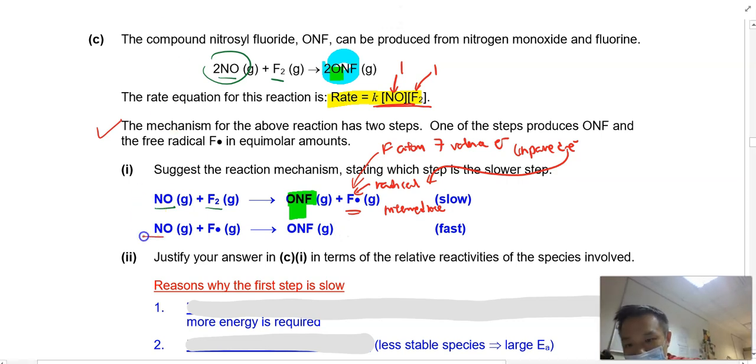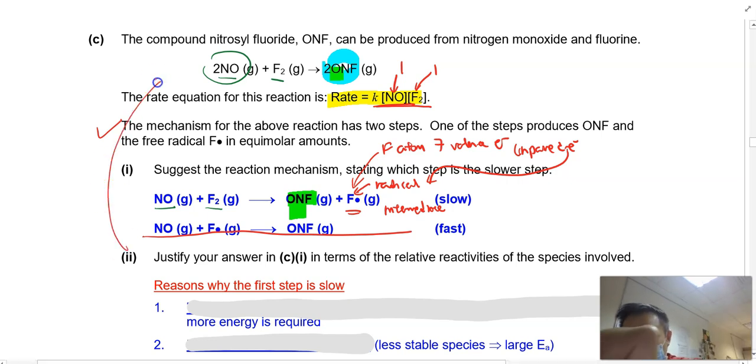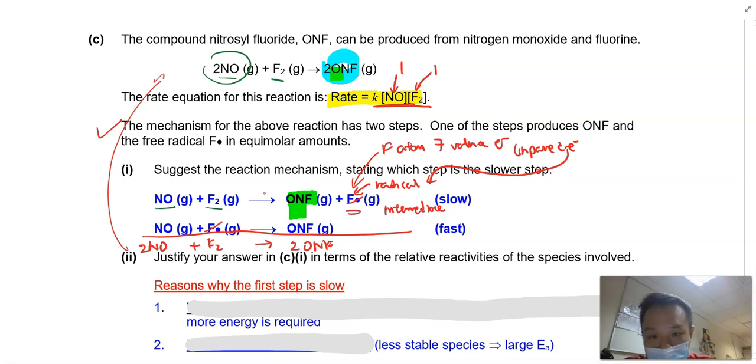So essentially, when you propose a mechanism, when you sum up all the equations in the mechanism, it should give you the overall equation. So let's take a look. We have 2NO plus F2. The F and F dot is cancelled, and then we get 2NOF, which agrees with the overall equation. Okay so far? So this is how you check your mechanism that you propose is correct.